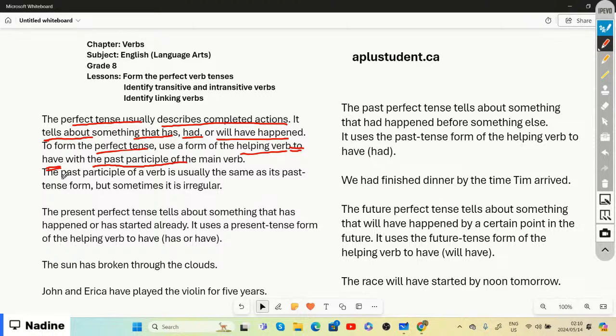All right. So the past participle of a verb is usually the same as the past tense form, but sometimes it is irregular, right? Remember, when something is irregular, it means that it does not follow specific rules.